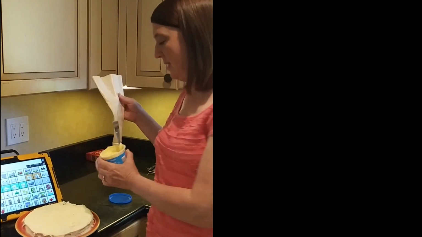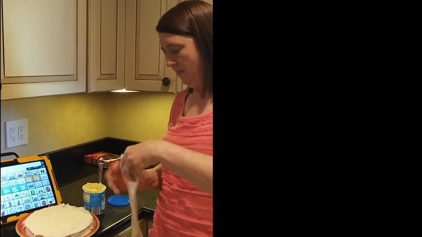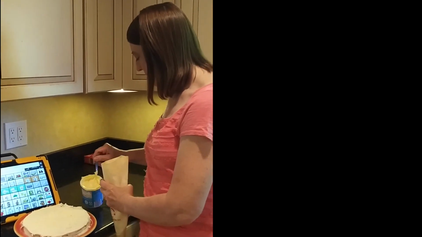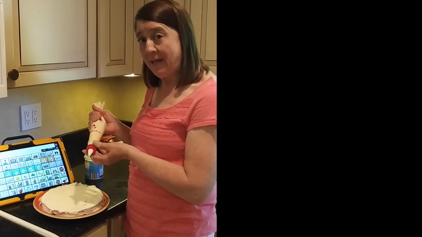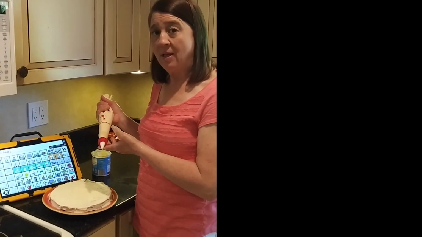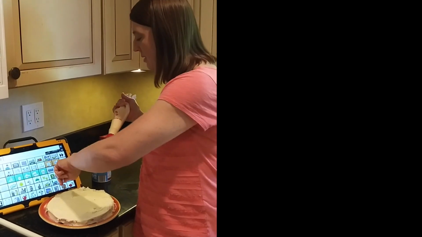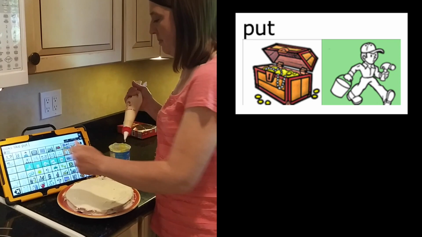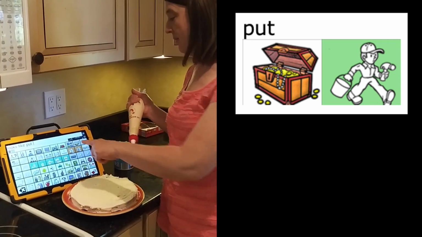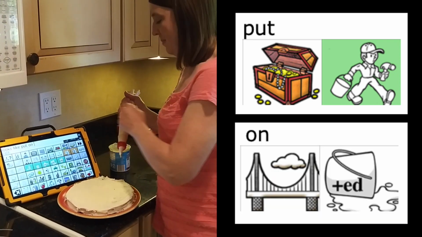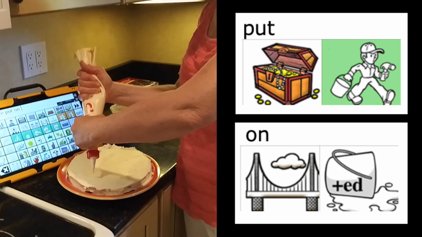Okay, let me get this in here. Okay, my pastry bag is filled, so now I'm going to put the frosting on the cake and make it look like spaghetti. I'm going to give it a little squeeze.